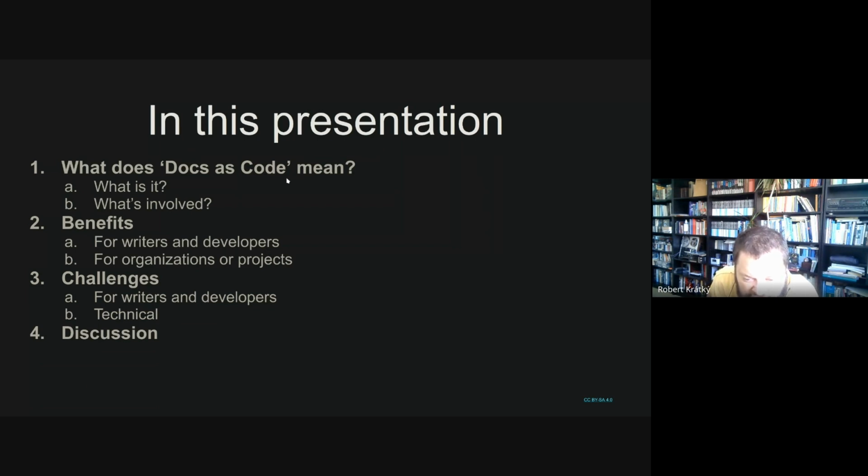This is mainly targeted at documentation that covers software applications, as well as projects, be they open source projects, organizations or even companies. And then I'm going to briefly talk about some of the challenges, both again for the writers of the documentation as well as for the developers, and some of the technical problems that it may bring along.